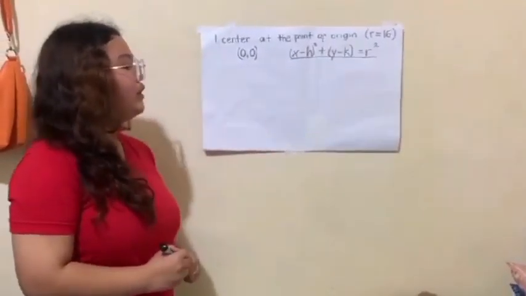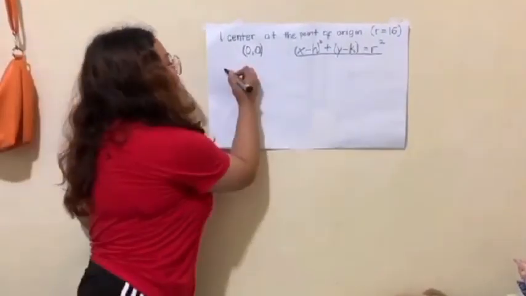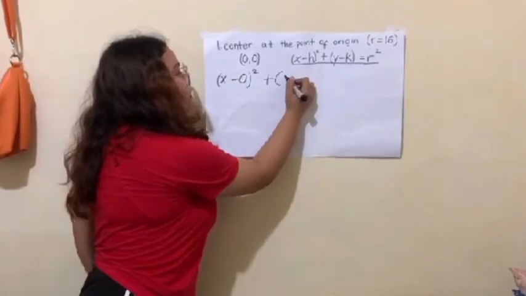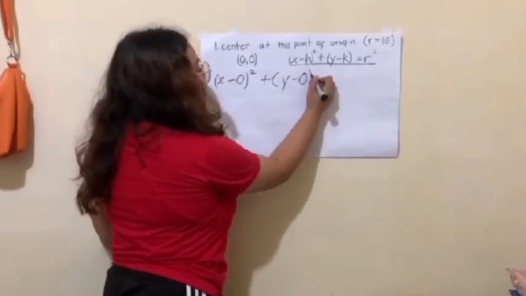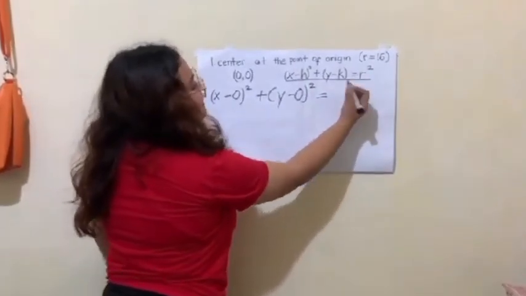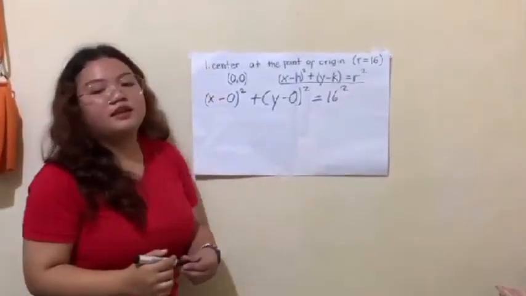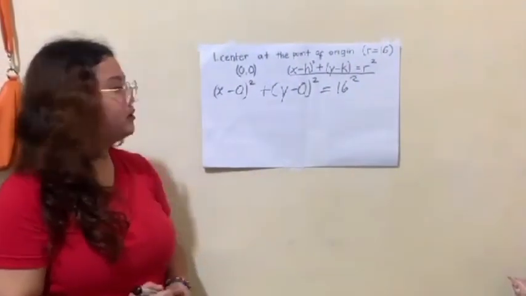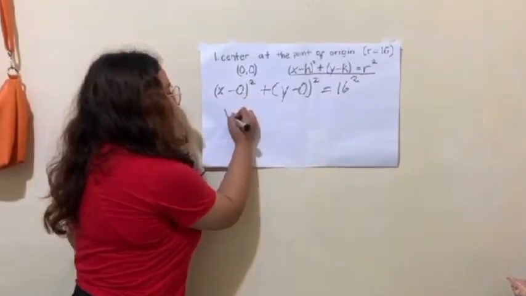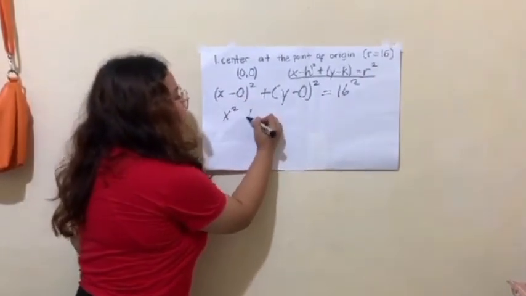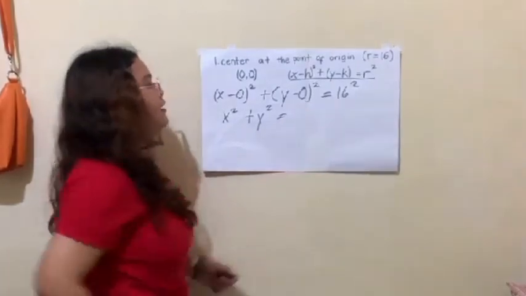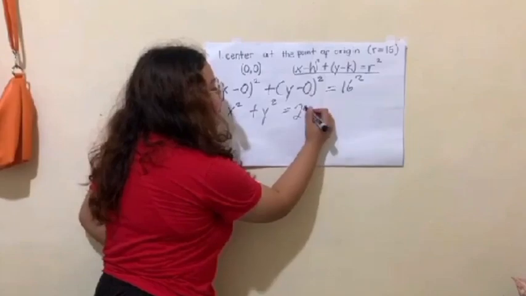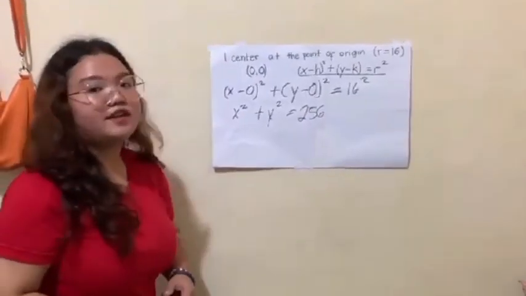Second, we substitute the given: (x minus 0) squared plus (y minus 0) squared equals 16 squared. Third, we compute. x minus 0 is x, squared, plus y squared equals 16 squared, which means 256. And that is our standard form.